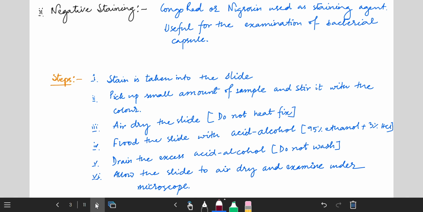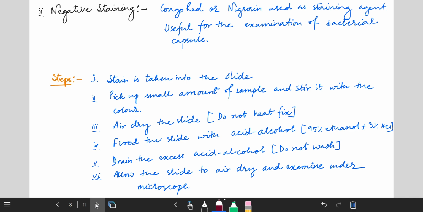Now what are the steps? So in the first step, stain is taken onto the slide. Obviously, you need to prepare the smear, then stain is taken onto the slide. Pick up a small amount of sample and stir it with the color. It means the stain and the smear or the sample should be mixed. Then air dry the slide.